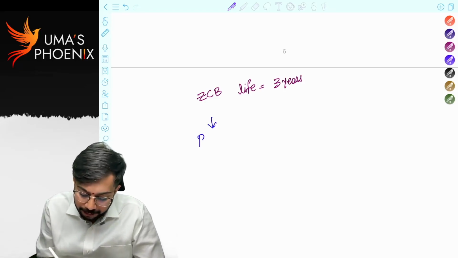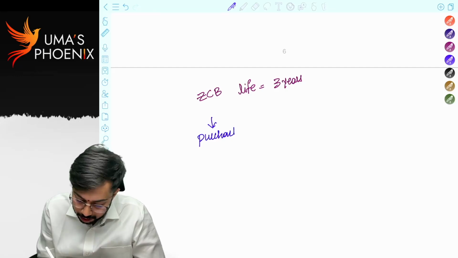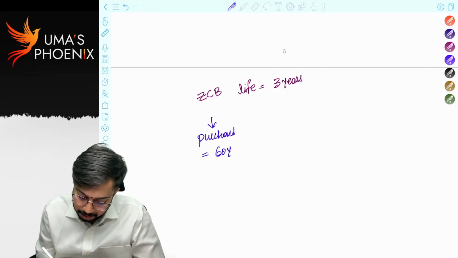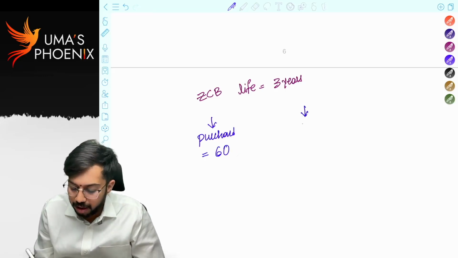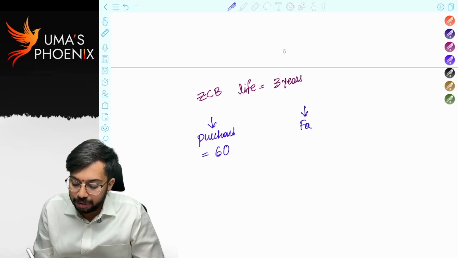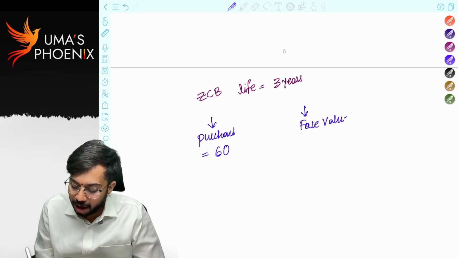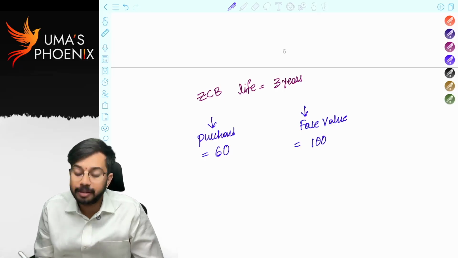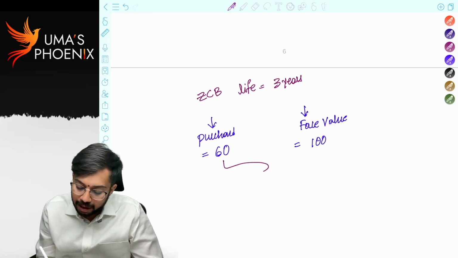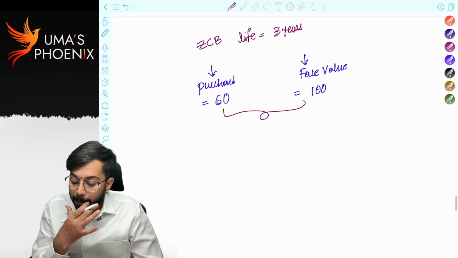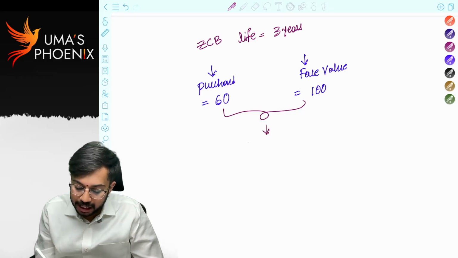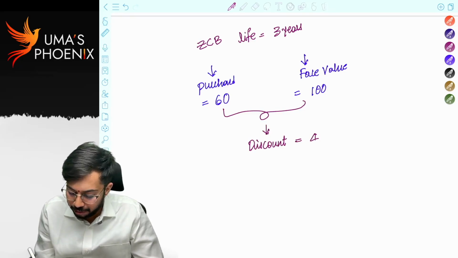I purchased for 60 rupees. At the face value, after 3 years, how much will I get? 100 rupees. So the difference between purchase value and face value, we call as discount. This discount is 40 rupees.